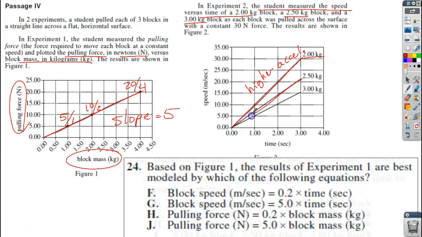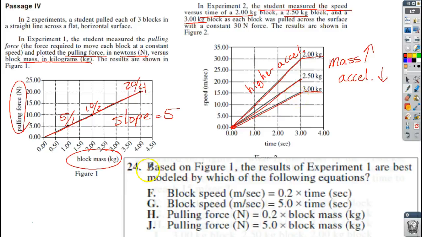This one's a little lower acceleration. This one is a little smaller acceleration. So what we can say is that as mass increases, acceleration decreases. And that's just something you should know about this physics topic. But we should also be able to tell that from this graph. So as mass increases, this is higher, the acceleration is going to go lower.